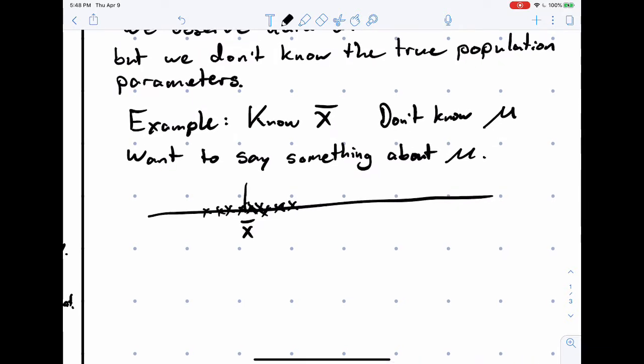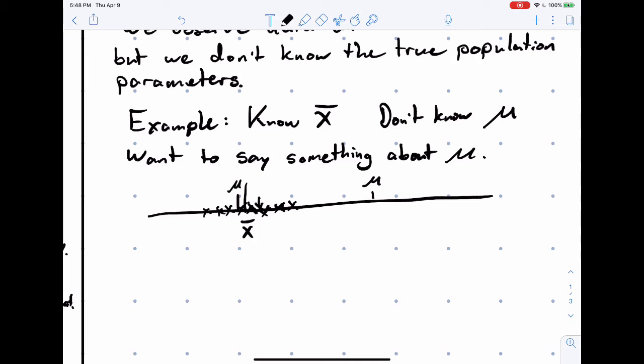So it might be the case that the true mu might be a little bit different. It might be over here, or it might be on the other side. We don't know. But it's probably not the case that the true population mean is way over here, right?